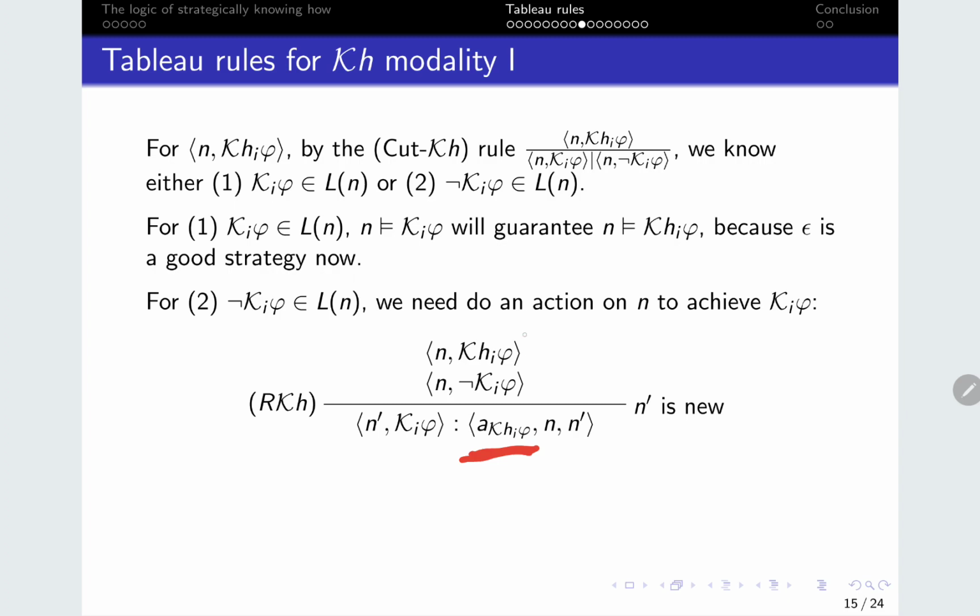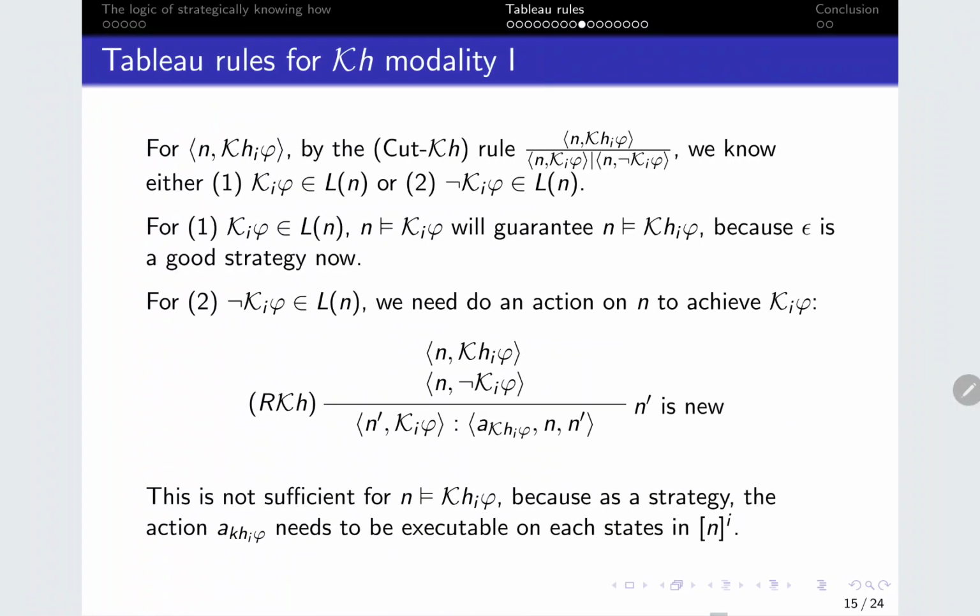So if we need to make sure know-how phi is true on n, but know-that phi is not true on n, then we add a new node n prime, accessible from n by the action A_know-how-phi. In other words, the action A_know-how-phi is going to realize know-how phi on n.